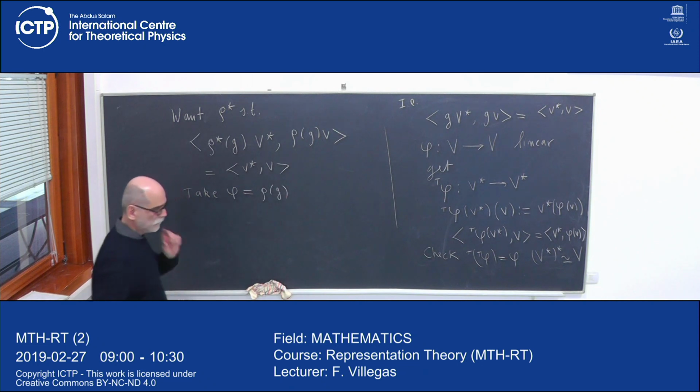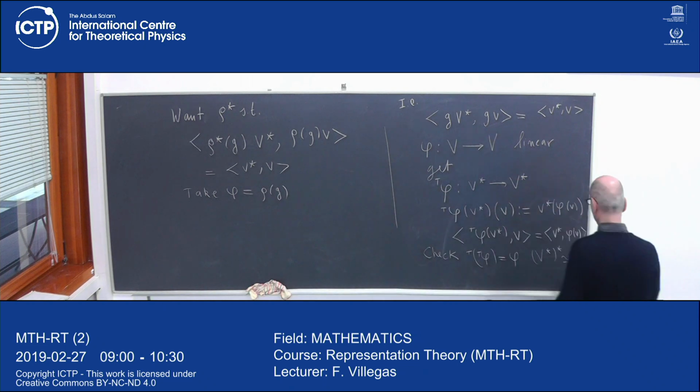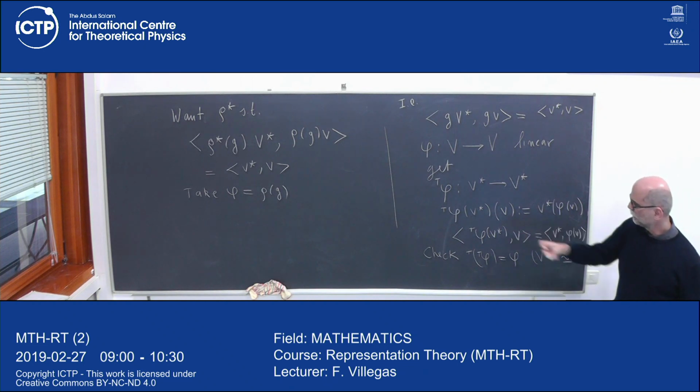It is a linear map from V to V. And according to this discussion over here, pairing it with v dual, or with whatever, is the same as putting the dual on the other side.